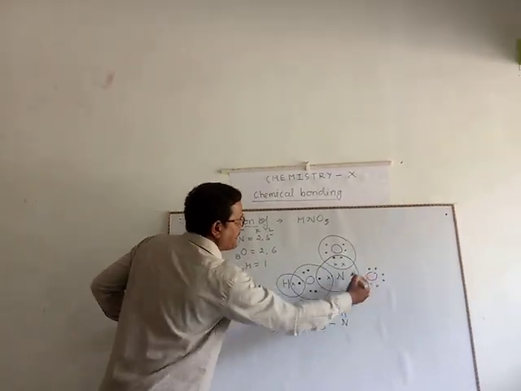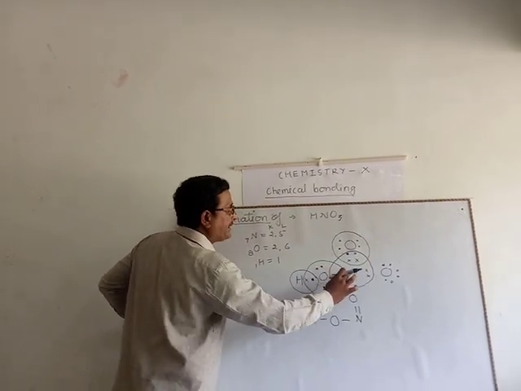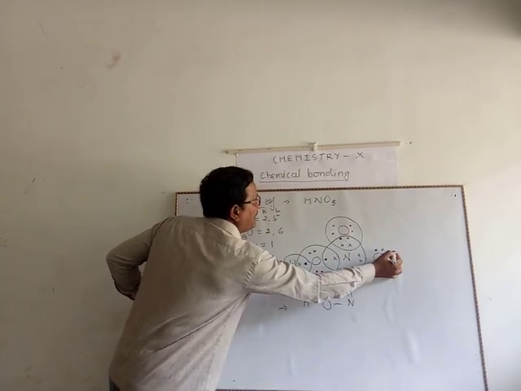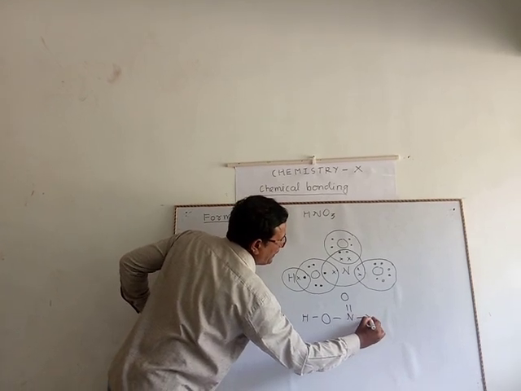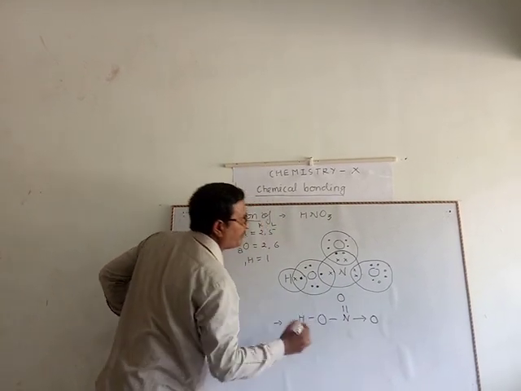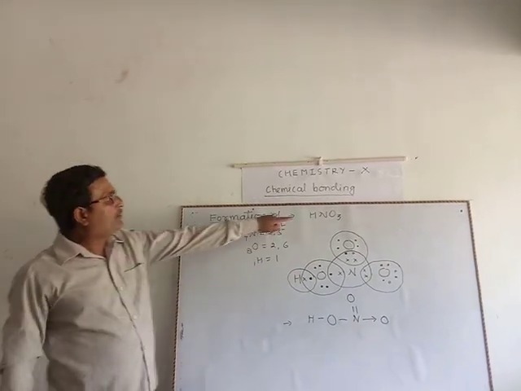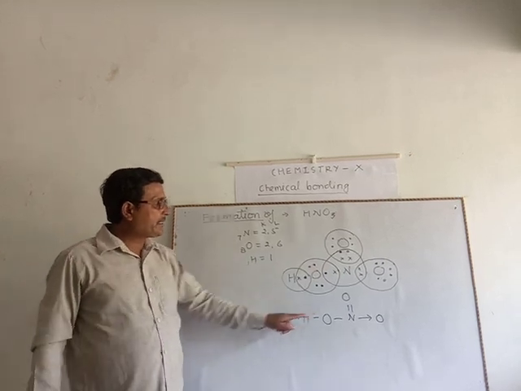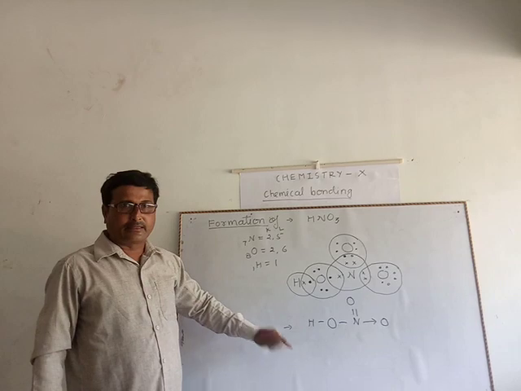Now in the case of this oxygen, the octet of nitrogen is completed. Then nitrogen gives one lone pair to this oxygen and the octet of this oxygen is also completed. The lone pair is represented by an arrow. So that is the molecular formula, electron diagram and structural formula for the formation of nitric acid.